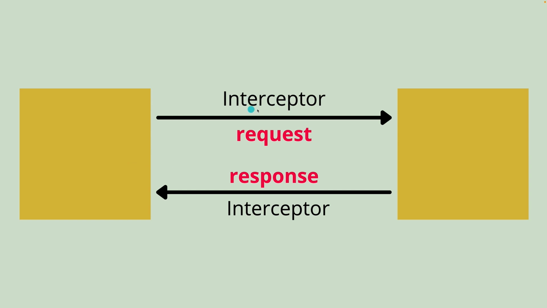Now, an interceptor is something that lies between the request and the response. For example, if we wanted, we can create an interceptor where if the client makes a request to the server, before actually reaching the server, it's going to be intercepted by the interceptor.